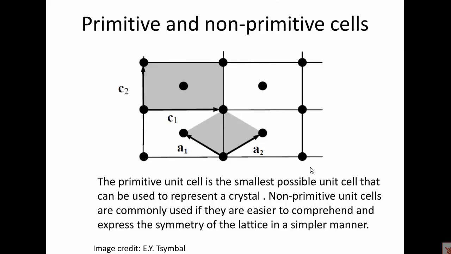Unit cells can be primitive or non-primitive. Let's have a look at this regular array of points. The unit cell shown by the parallelogram is the smallest possible, a unit cell with the smallest possible area.